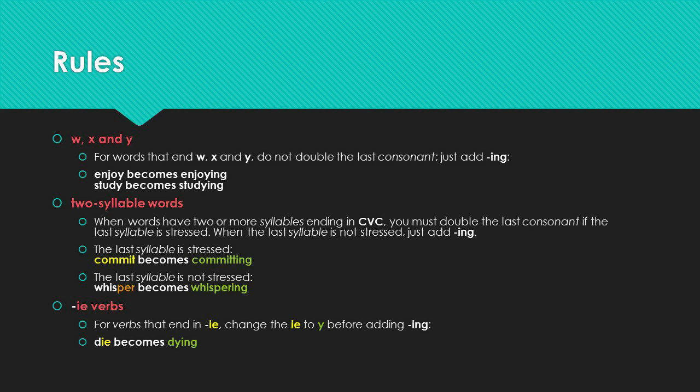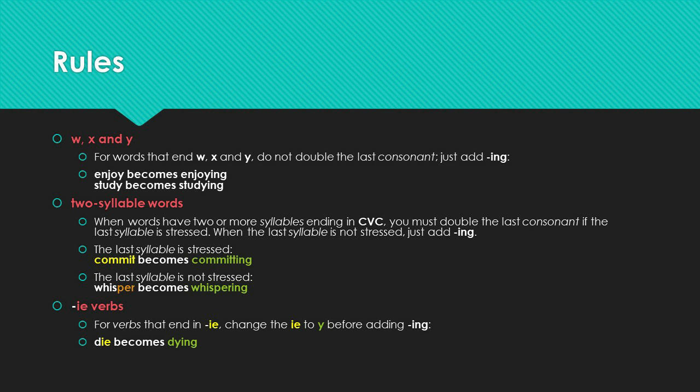So when the last syllable is not stressed, we just need to add ing, right? What does that mean? For example, we have here, if we separate whisper, the first syllable is the syllable that is stressed, right?